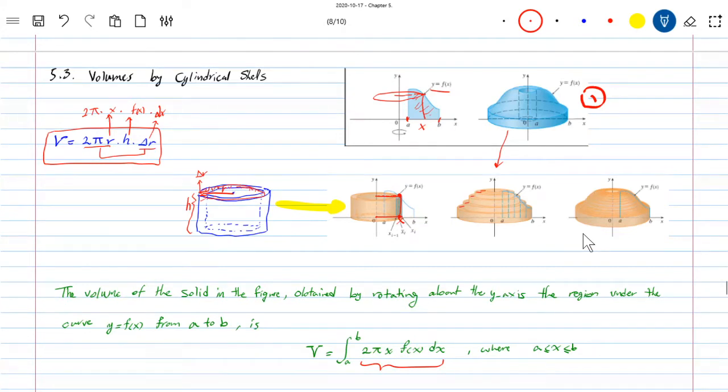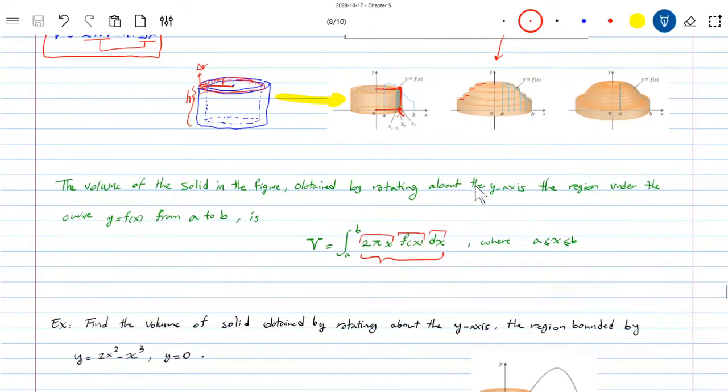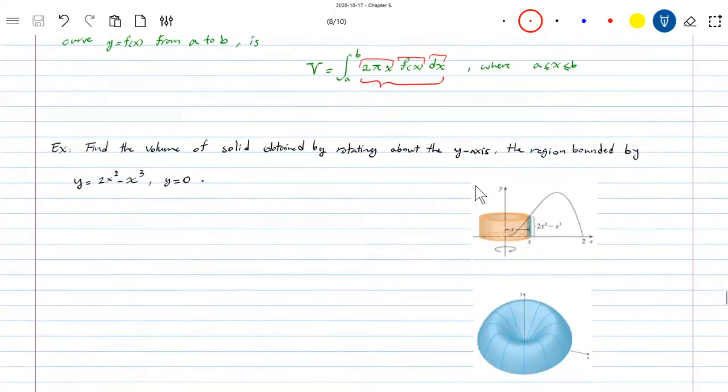And again, all this approximation is a circumference multiplied by the height multiplied by the thickness. So this is the idea for calculating the volume of a cylinder shape by rotating about the y-axis. If it's rotation about the x-axis, we've already discussed it, but you can change the x and y coordinates and calculate that as well. Okay, so let's focus on some examples.